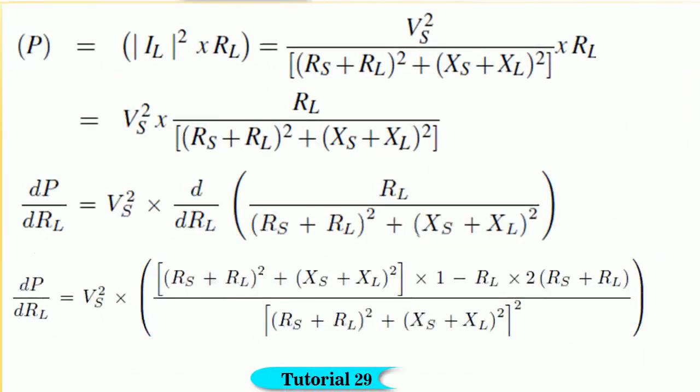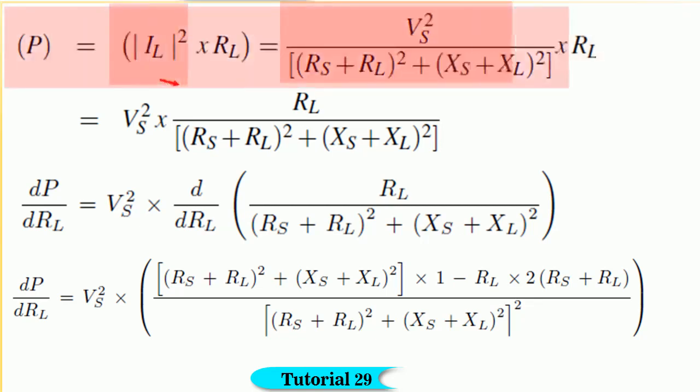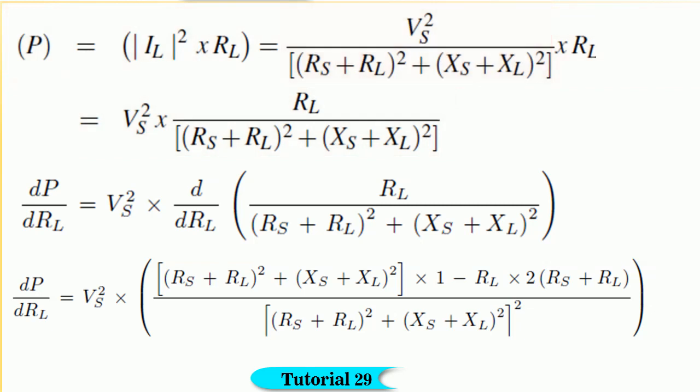Then, equation for power transfer to load P is equal to mod of IL squared into RL. By substituting for IL, we get P is equal to Vs squared into RL divided by (Rs plus RL) whole square plus (Xs plus XL) whole square.